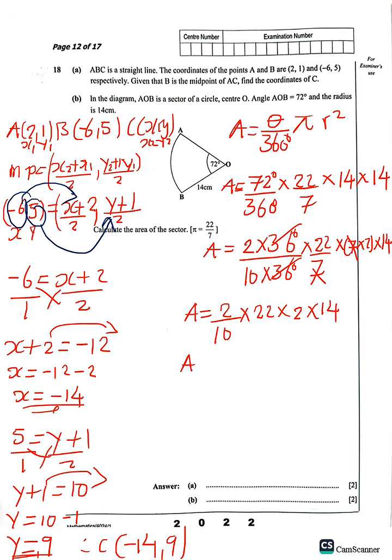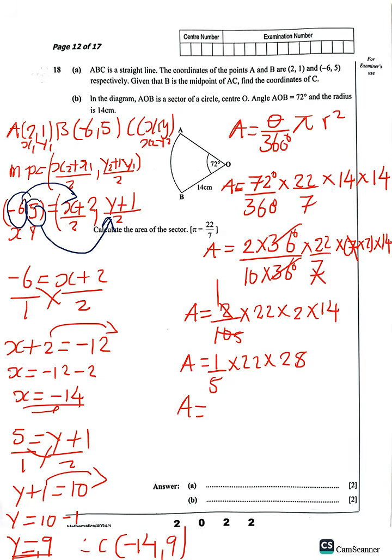So what else can we cancel? The 2 here is 1, the 10 here is 5. So we have 1 over 5 times 22 times 2 times 14, which is 28.